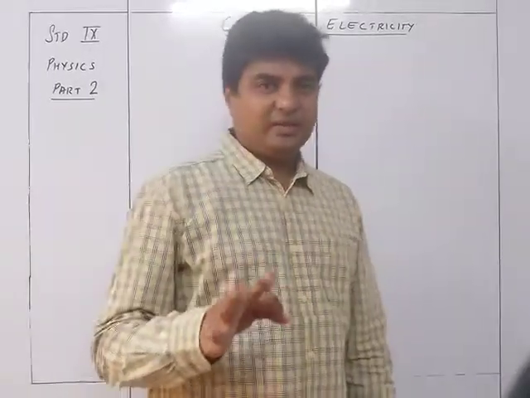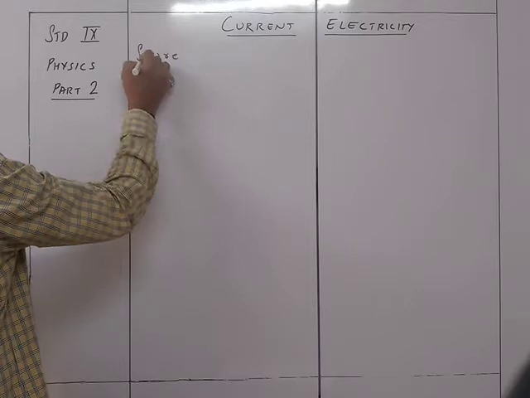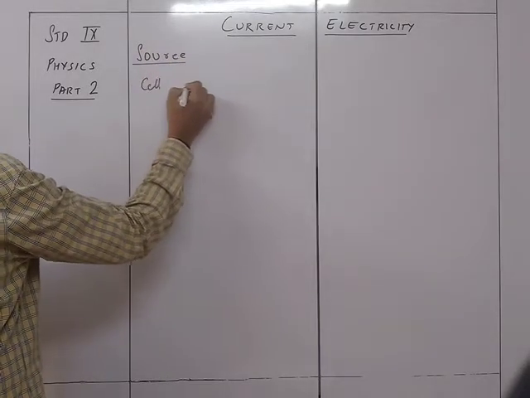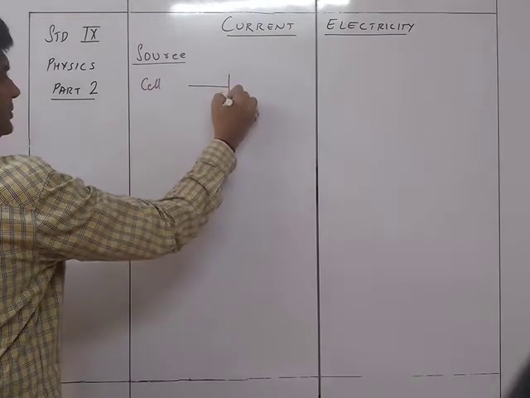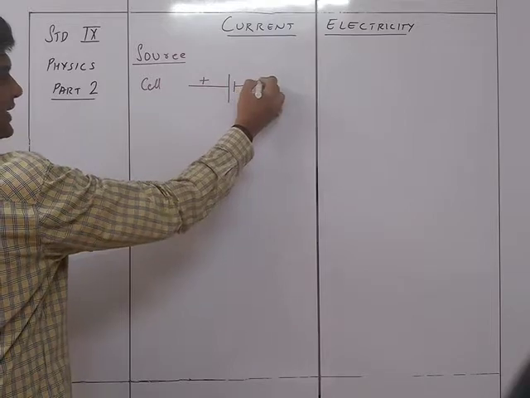So now we see the source. For the source, the first thing is going to be the cell. The cell will be a simple thing like this, wherein this is the positive terminal and this is the negative terminal.